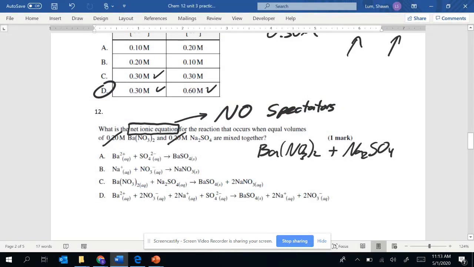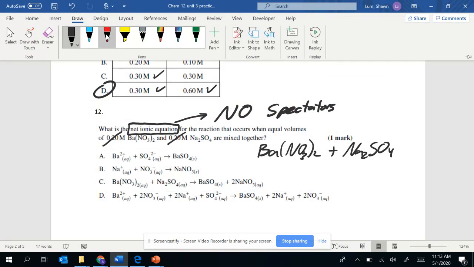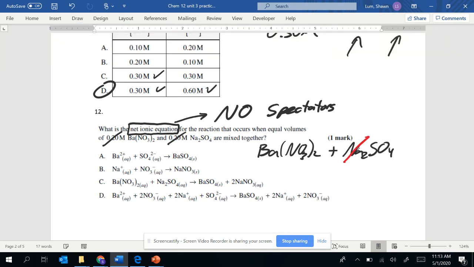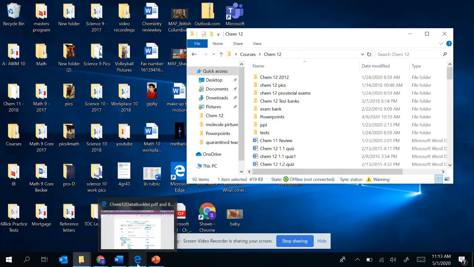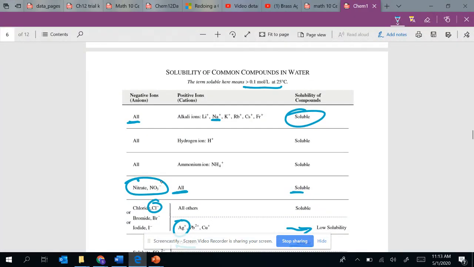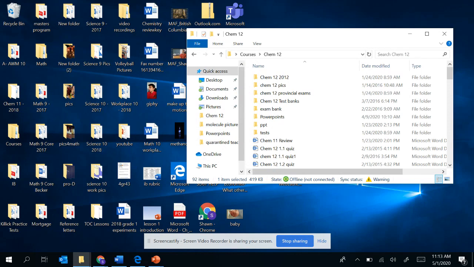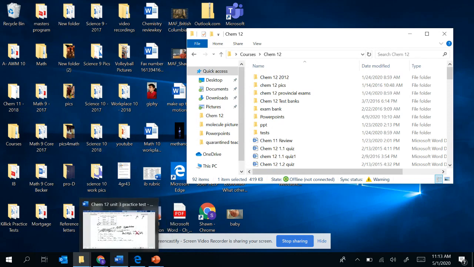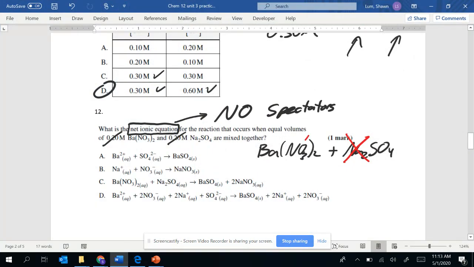So Na is going to be soluble. That's a spectator right there. The other spectator, and we've talked about that one a few times, is NO3. NO3 with everything is soluble as well.